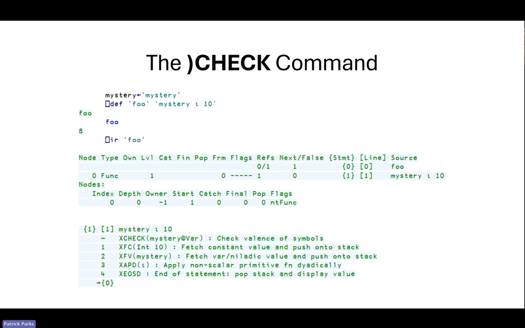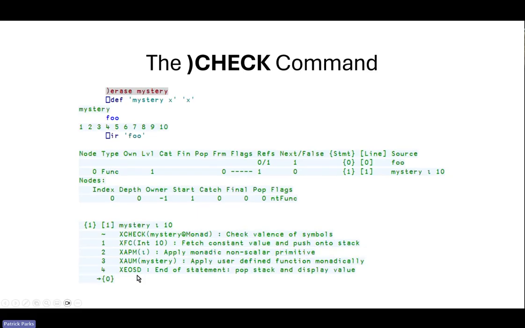Let's look at the X code that got generated for that line of function. It does a check on this, and then it generates this code, which is fetch the value of the variable mystery, apply dyadic iota to it, and then that's the end of the statement. Let's change this. I'm going to erase mystery.